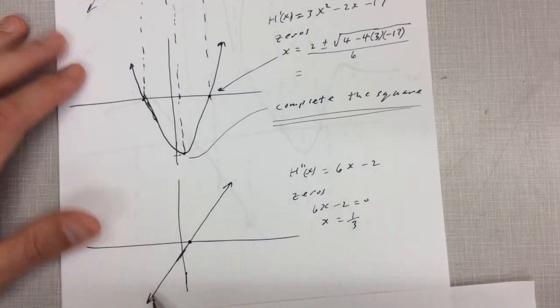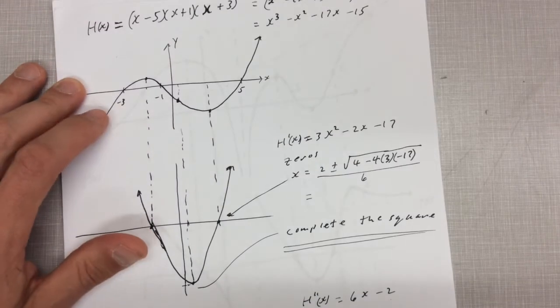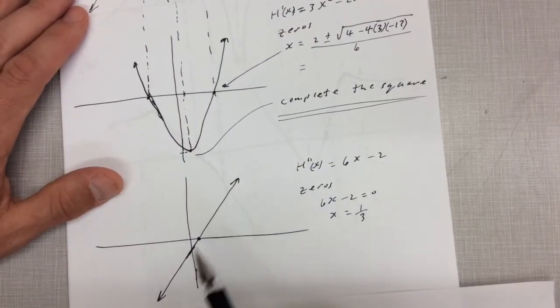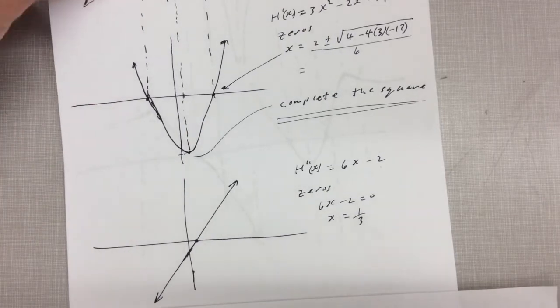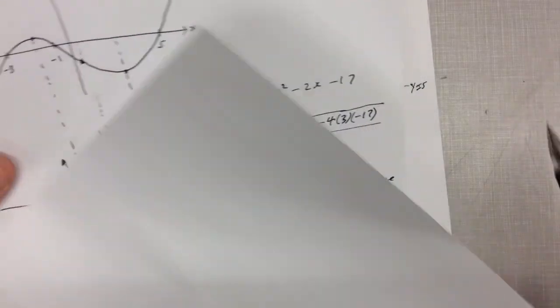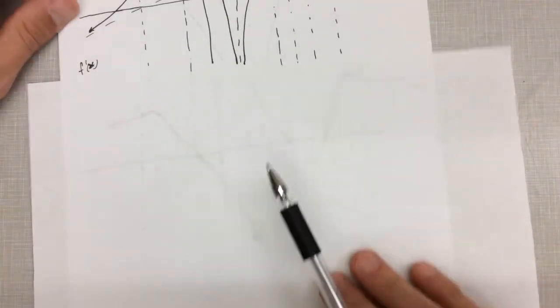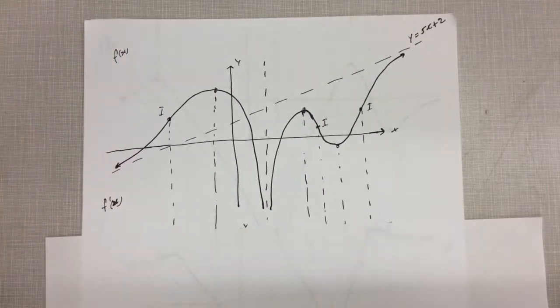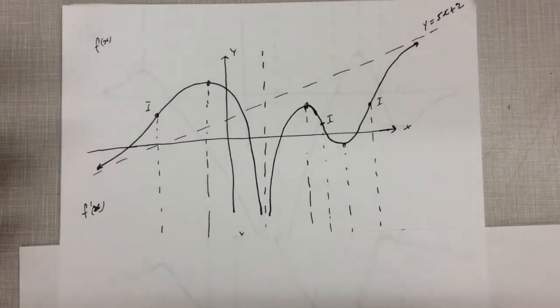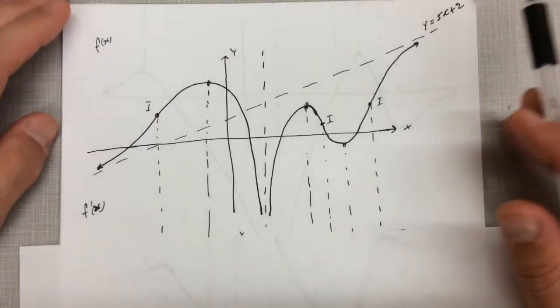And the slopes of the tangents are, for this function, decreasing in here. So the second derivative is negative, and then increasing on the other side, so the second derivative is positive. Okay, so back to the first function that we had. First function that we had was this ugly function. Okay, so this nice function here, we said it was some rational function.